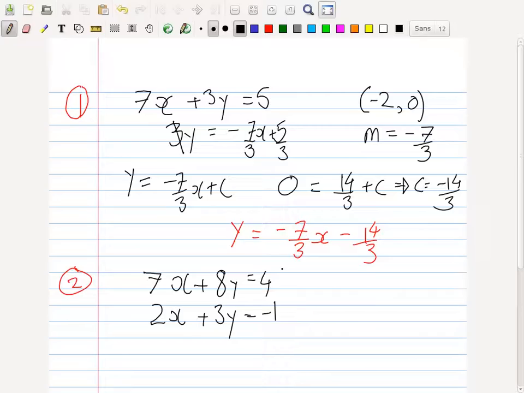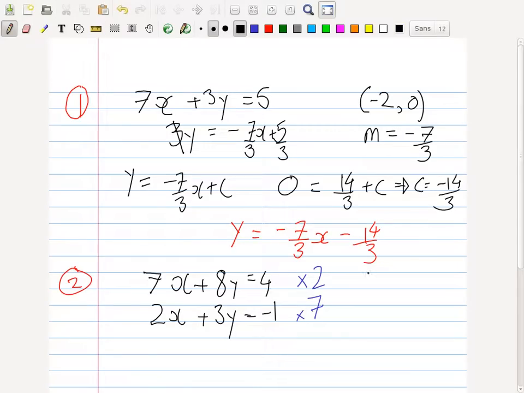What's the best way to solve this? Well, that's one way, yeah. If we were to use elimination, what would I need to multiply them by? 7 and 2. Multiply by 2, multiply by 7.